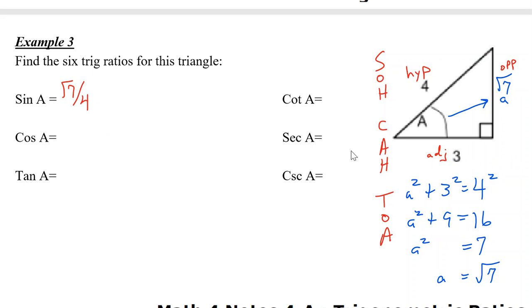Cosine is adjacent over hypotenuse, which is adjacent 3 over hypotenuse 4. And then tangent is opposite over adjacent, square root of 7 over 3.